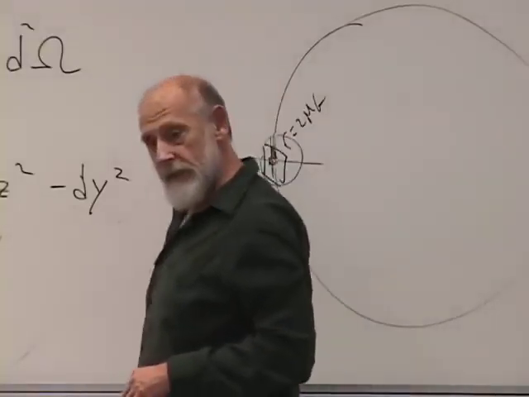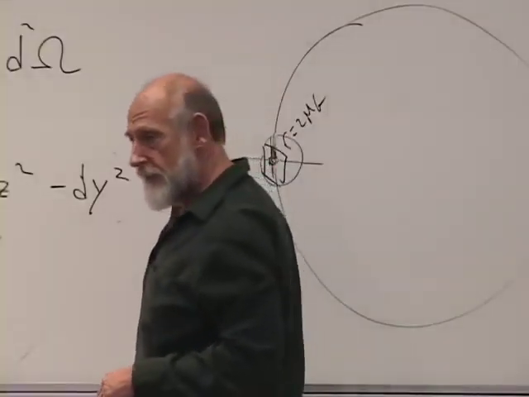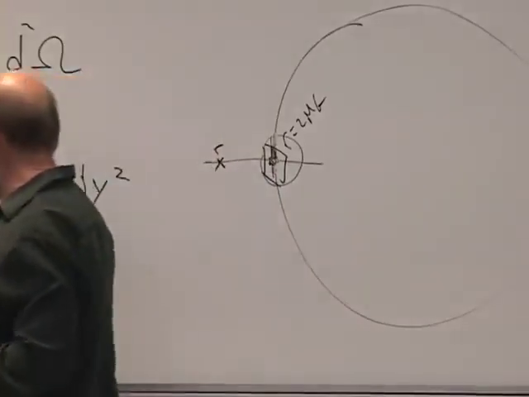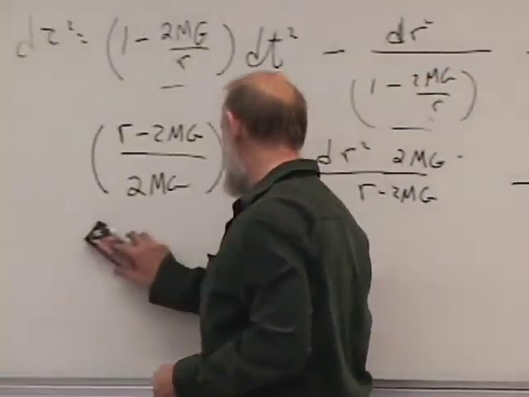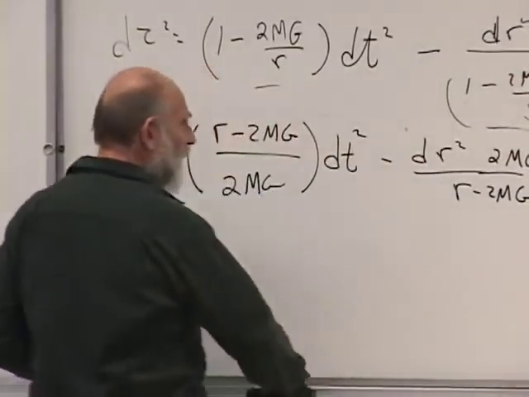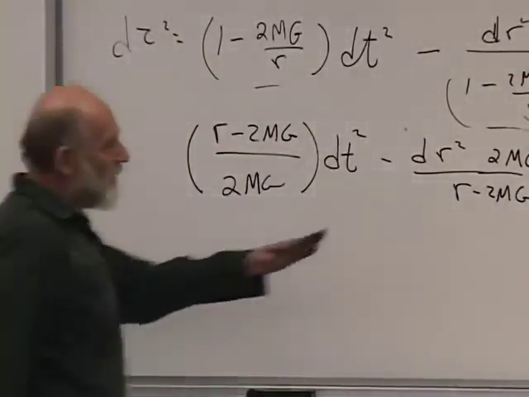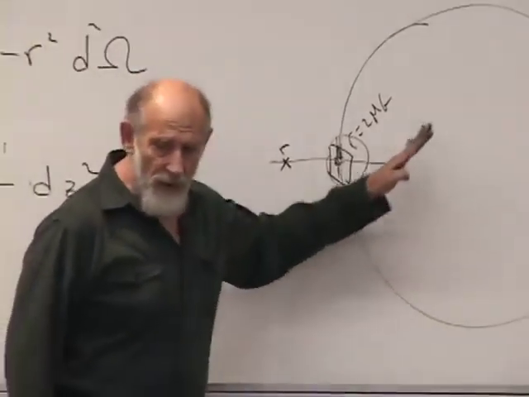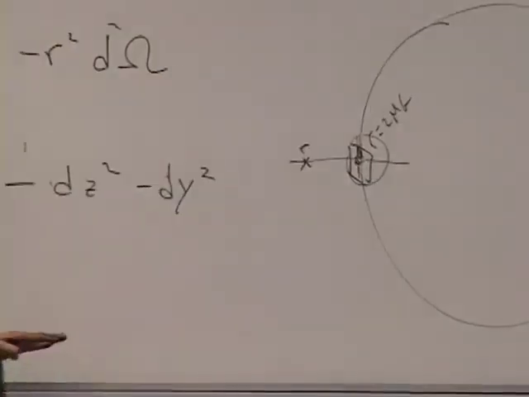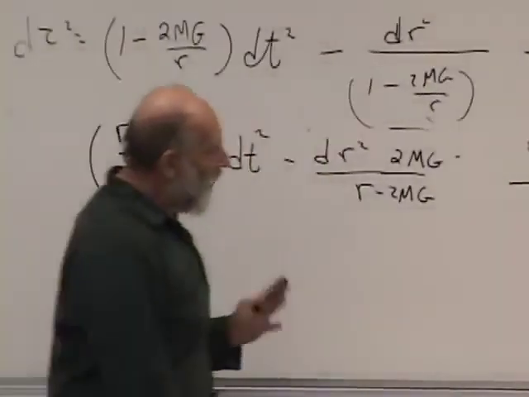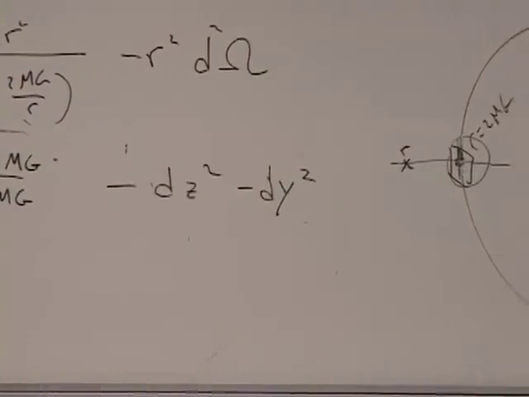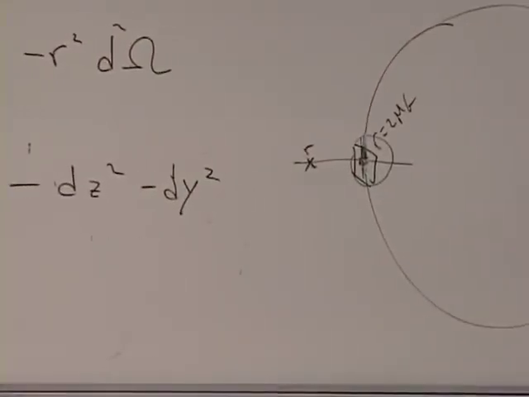Well, anybody have a suggestion? Plug in 0 for the other coordinates? Yeah, we'll plug in 0 for the other coordinates, but then we have to do a little bit of work. Yeah, we're going to move out, straight out, without changing time, without changing x, or without changing z and y, and see how much proper distance there is between here and here. The proper distance is determined by this term in the metric.